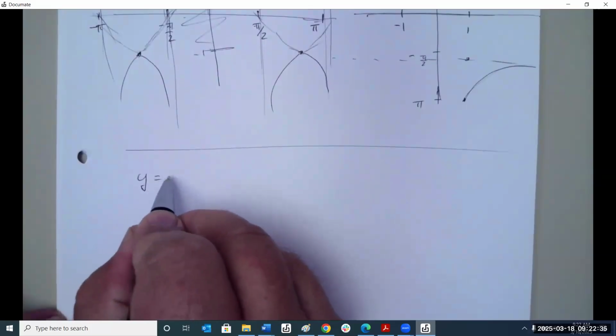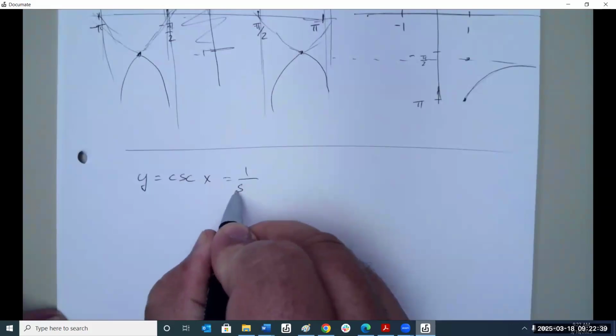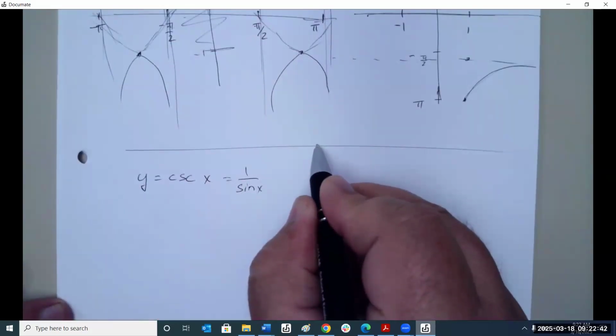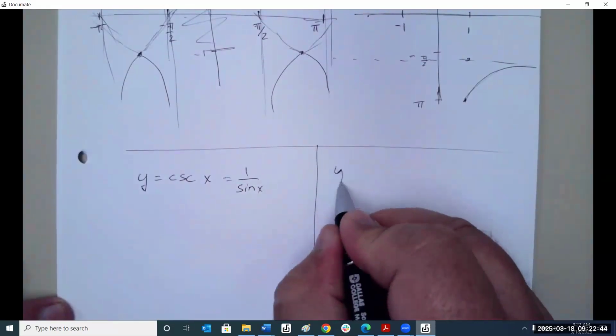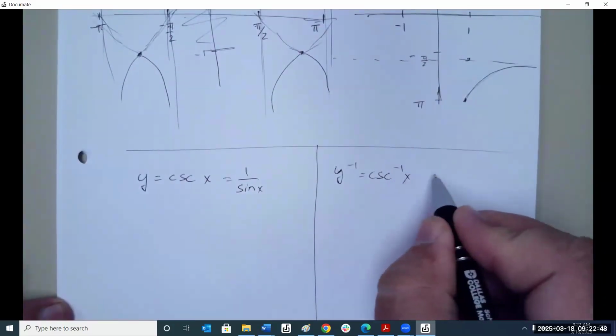Similar in the cosecant, which is 1 over sine. The inverse is cosecant inverse.